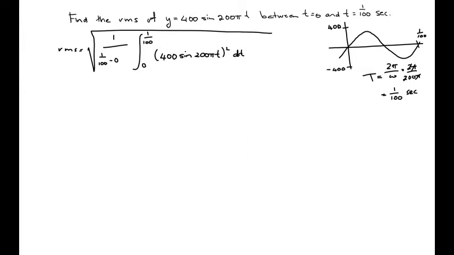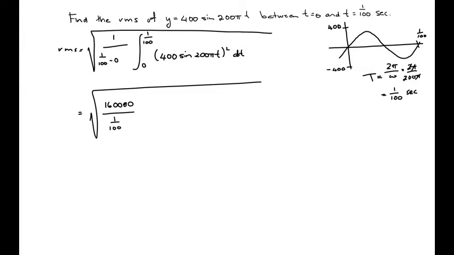Now we can make it a bit simpler for ourselves. We can square the 400 and take it out because it's a number, so it's not going to be integrated, so we can put that out. So that's, what's that, 16 and 4 noughts, and that's over 1 over 100.